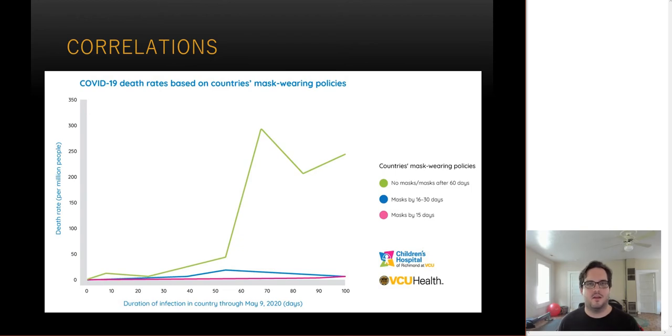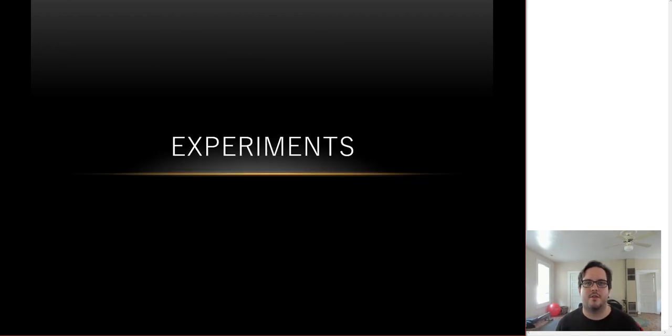I imagine people are coming around to the conclusion that they do, but there are plenty of people who doubt that face masks prevent the spread of this virus. If we were to run a correlation, we could show that as you wear more masks, you see less spread. But if it's a correlation, we can't conclude that masks actually cause or prevent the spread of COVID. We can't infer causation. So how do we figure that out? That's going to be the topic of our next lecture.